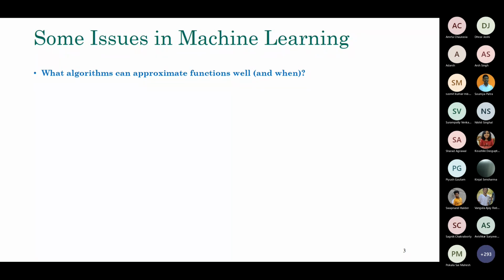So how to approximate these things, when it can approximate the functions, some assumptions about the data, about the functions, and optimization techniques need to be considered. Second, how does the number of training examples influence accuracy? Often we know that the number of training examples has some positive correlation with the accuracy and the model's capability to learn things. So that also you need to figure out.